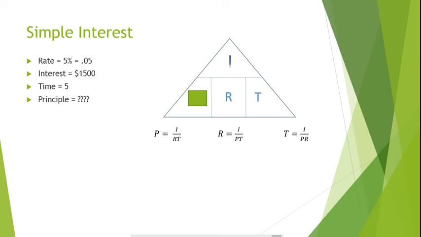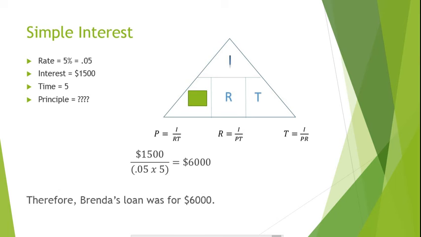Since we're solving for the principal, our formula is P equals I divided by RT, or principal equals interest divided by rate times time. So if we plug in our figures, our formula would be $1,500 divided by 0.05 times 5 equaling 6,000. Therefore, Brenda's loan was for $6,000.